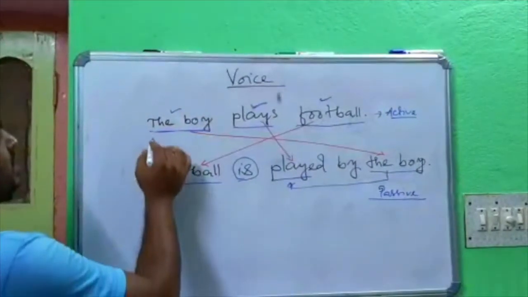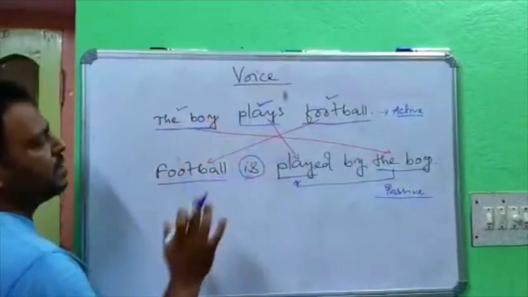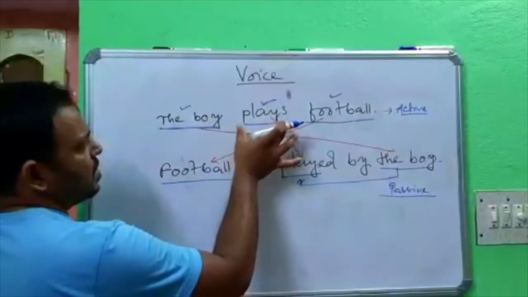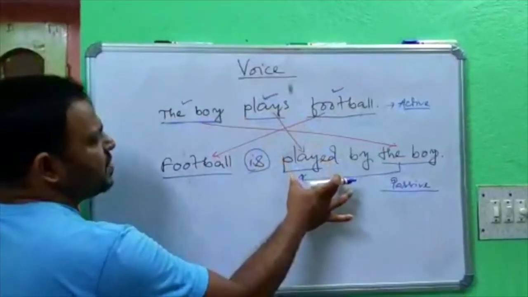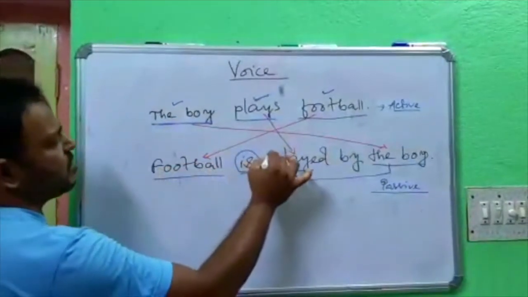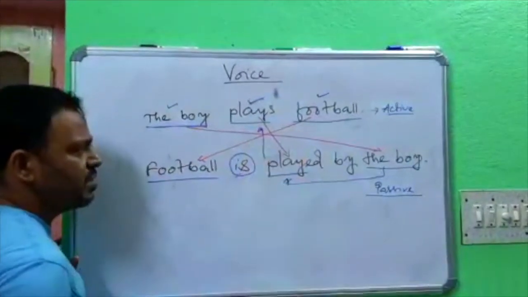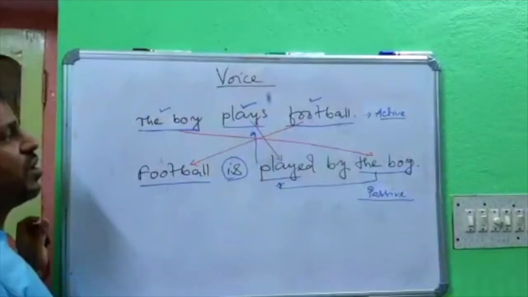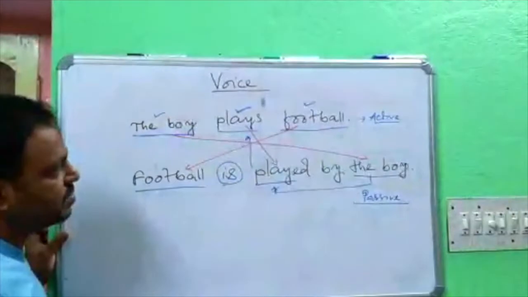These are the two voices that we have found. So, we have seen that the verb has been changed from active to passive, and it will also be changed from passive to active in this way. So from active to passive, this change follows a few rules.